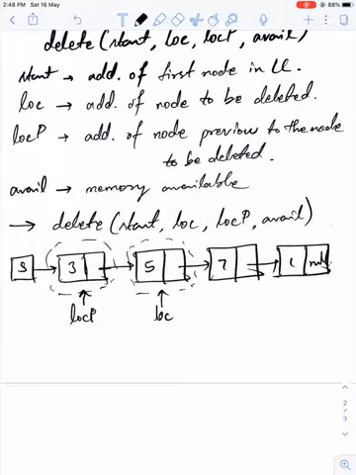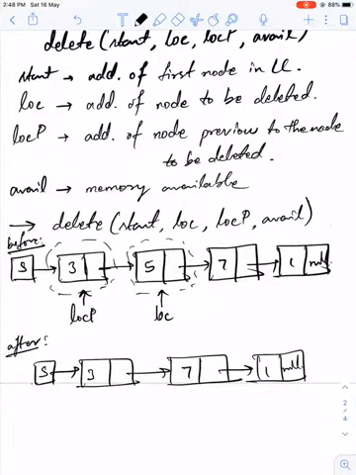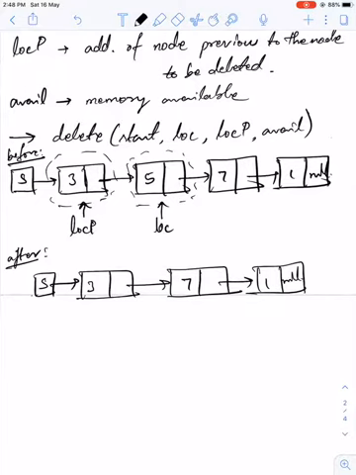The second node address is here, but we don't need second node now, because second node we want to delete. So we want this address, correct? This is before, the node should look like this, and after deletion it should be like this, correct? 5 is completely deleted.